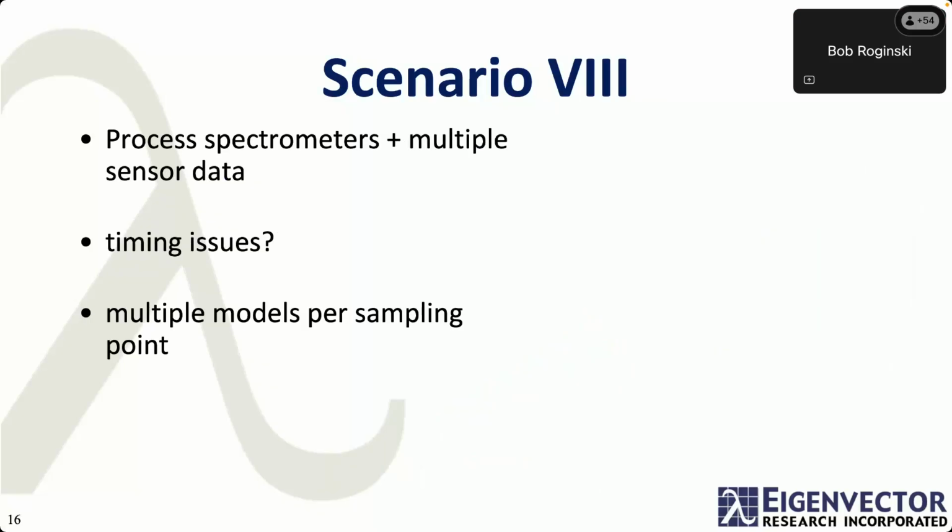Last scenario would be multiple process spectrometers, along with, let's say, multiple sensor data. We can oftentimes build a multi-block or data fusion model. You saw earlier where we combined measurements made from 2 different spectrometers, and there's no reason that we can't add on univariate sensor data that we deem appropriate, such as temperature, pressure, level, flow rate, pH, and introduce those measurements into the mix.